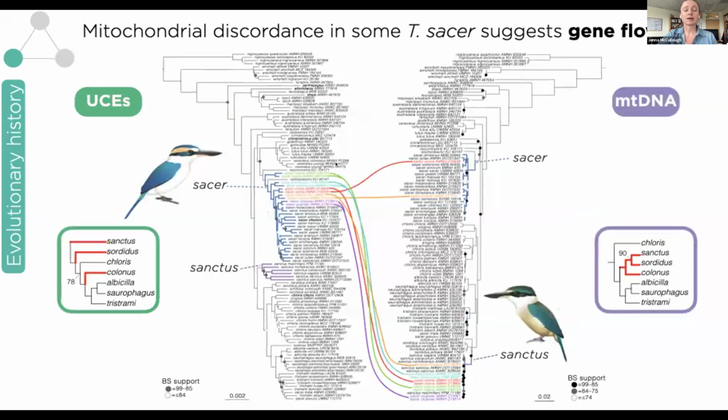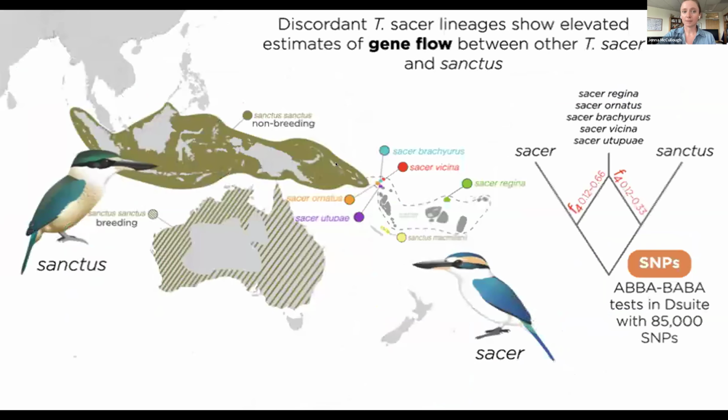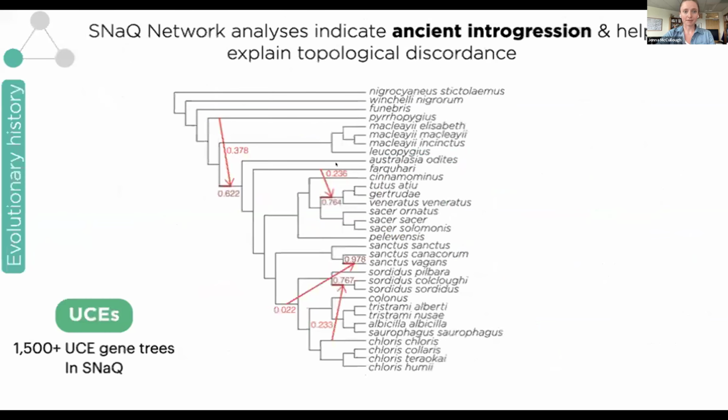Moreover, we found cases of mitochondrial discordance with several subspecies of Pacific kingfisher, sacer, having some or all of the sequenced individuals grouping with an entirely different species, sacred kingfisher, sanctus. When we explicitly tested for gene flow with ABBA-BABA tests, we found that these 5 mitochondrial discordant sacer taxa have elevated f4 ratios with other sacer and sanctus, suggesting that these are hybrid lineages.